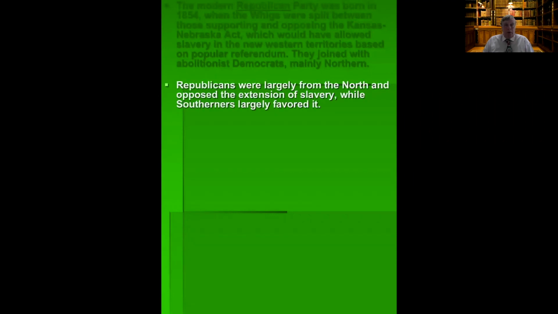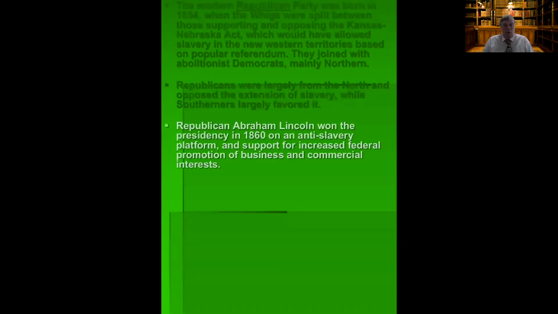Republicans were largely from the North and opposed the extension of slavery, while Southerners largely favored it. Republican Abraham Lincoln won the presidency in 1860 on an anti-slavery platform and support for increased federal promotion of business and commercial interests.